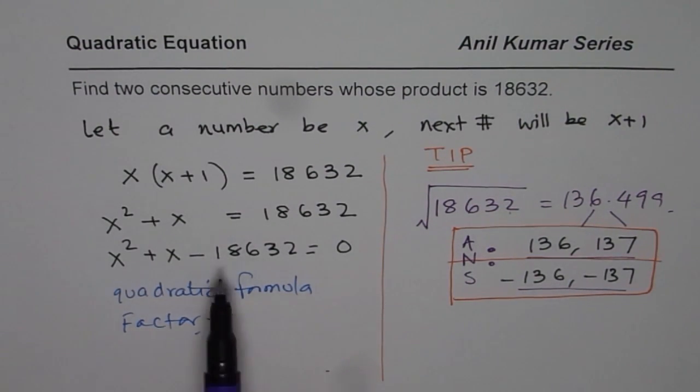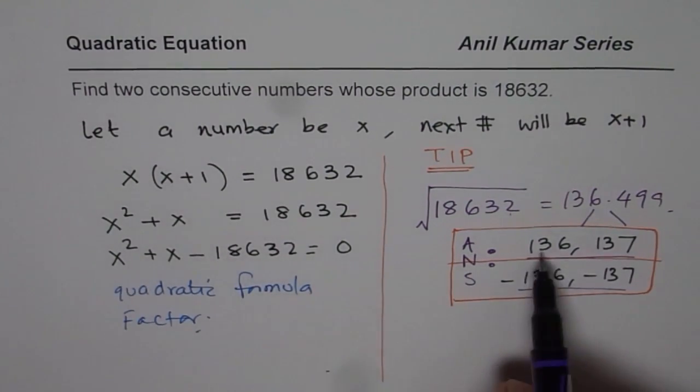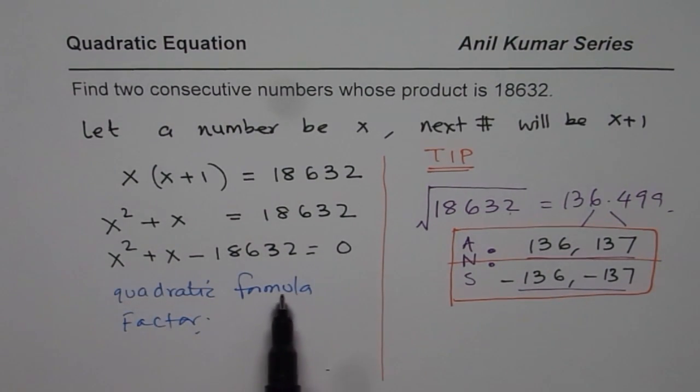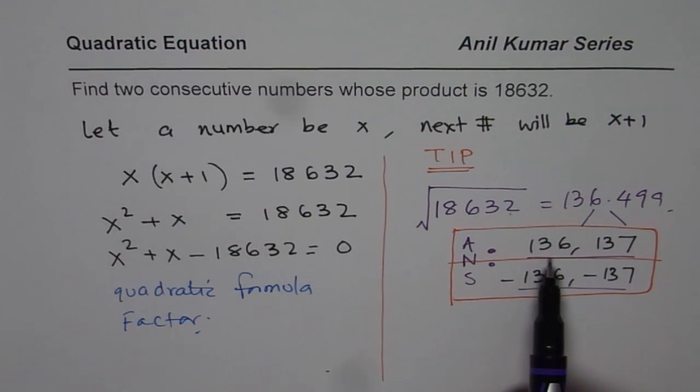Well, some of you who can guess it right, they could actually factor this and write it in this form. The others, what they can do is they can use the quadratic formula and get the answer, right? So when you factor, you get one as positive, the other one as negative.